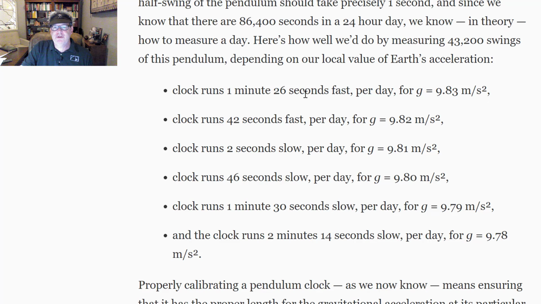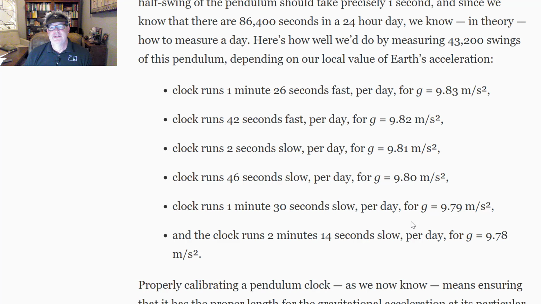To go from 1 minute 26 seconds to 42 seconds, that's a 44 second difference. Then from 42 seconds fast to 2 seconds slow, that's a 44 second difference. Then 2 seconds slow to 46 seconds slow, again 44 seconds difference. And another 44 seconds gives me the minute 30.